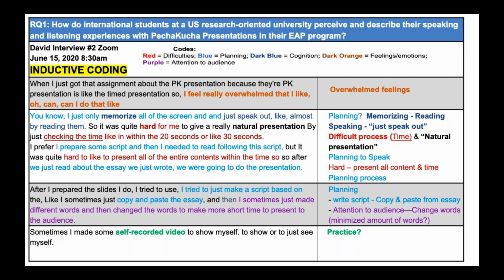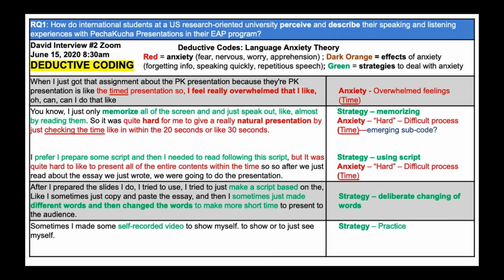Now let's look at a deductive analysis example. Here, I'm using language anxiety theory, which has 3 aspects: anxiety itself, the effects of anxiety, and the strategies to deal with anxiety. You can already tell in my coding the differences just through the colors, because I only have 2 groups right here. Now, I think I had 5 on the previous slide. So you can see how we're really starting at that top level.